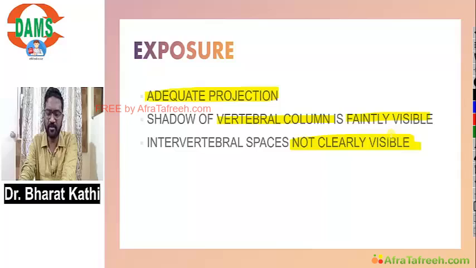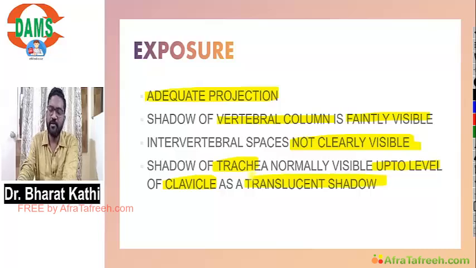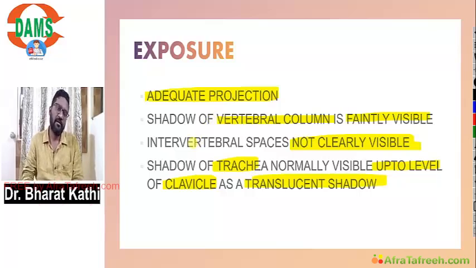Each and every word is very important. The shadow of the trachea is normally visible up to the level of the clavicle as a translucent shadow. See here, the shadow of the vertebral column is faintly visible, intervertebral spaces are not clearly visible, and the shadow of the trachea is only visible up to the level of the clavicle.